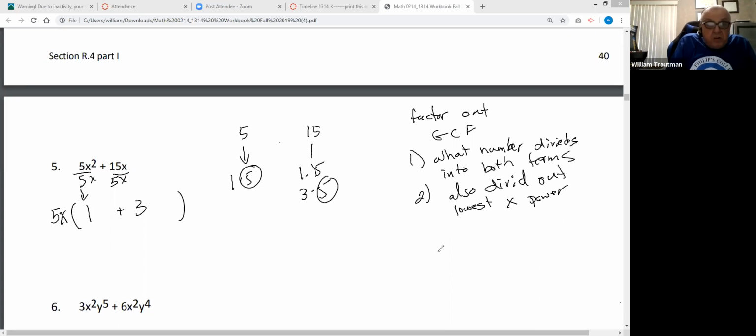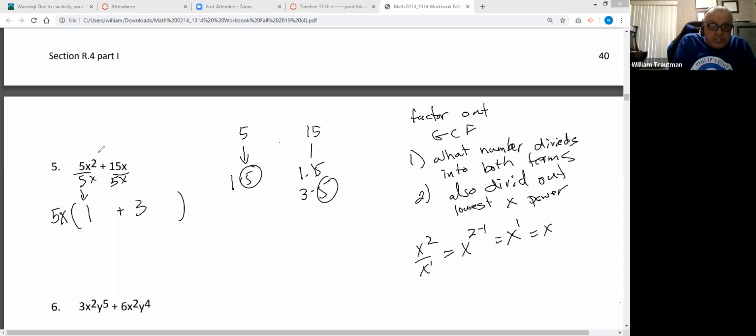If you remember from yesterday, x squared divided by x, when you divide 2 numbers with the same base, the base stays the same. You subtract the top minus the bottom, and then you get just x to the 1 power. 2 minus 1 is 1 power, and it's just x.